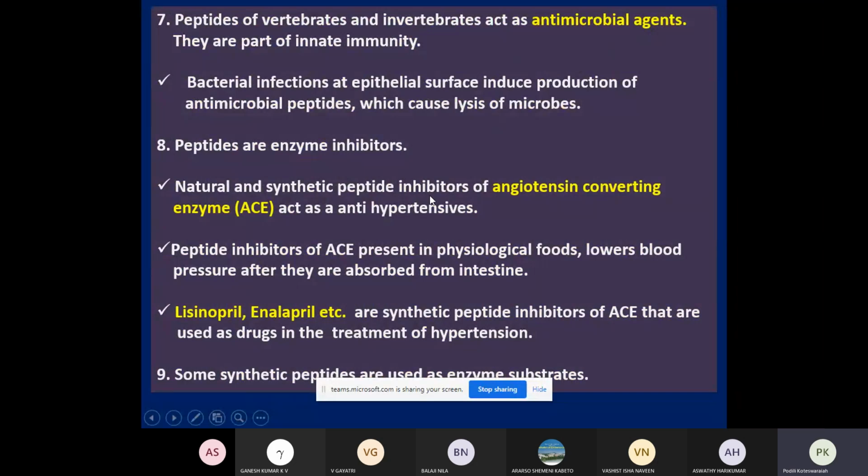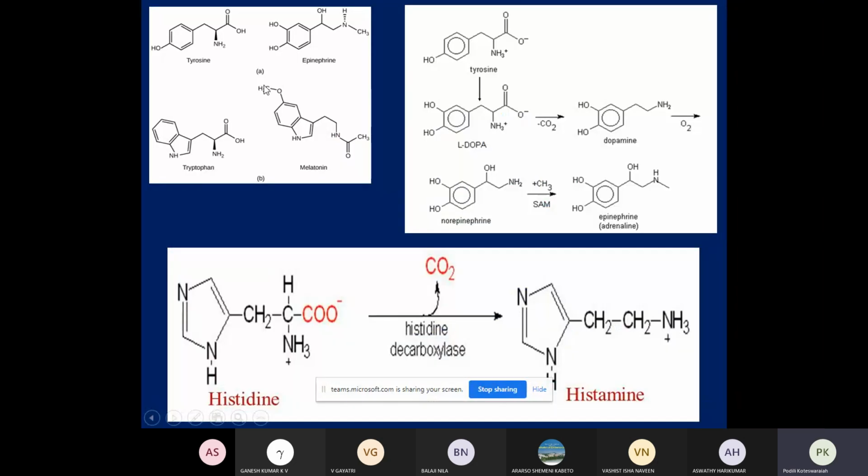You can see here that the amino acid tyrosine is the precursor for the hormone epinephrine. Tryptophan is the precursor for melatonin. Tyrosine is not only the precursor for epinephrine, it is also the precursor for dopamine and norepinephrine. Histidine is the precursor for histamine, a vasoactive amine.